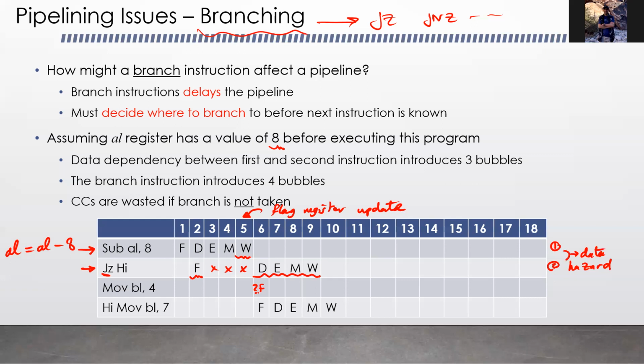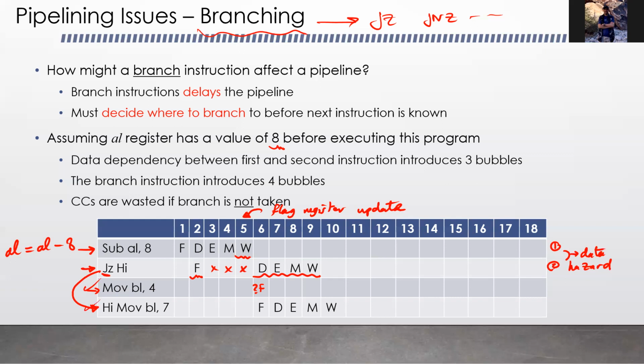If we really are going to jump, we will not execute this instruction and we will jump directly to high, move BL, 8. So why fetch it? And if we don't jump, we're going to execute it, then execute the second one. So we need to know if we're going to jump or not.